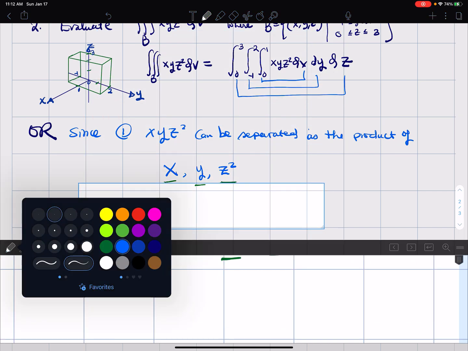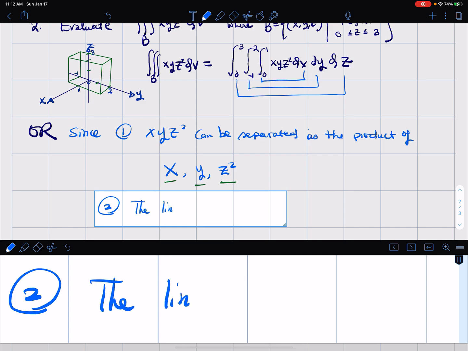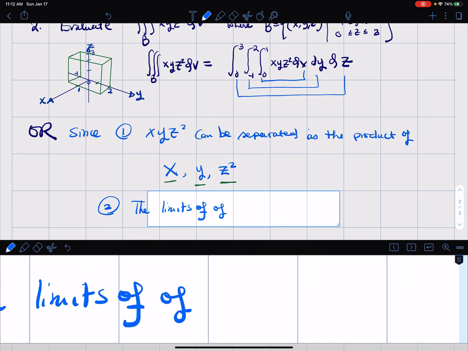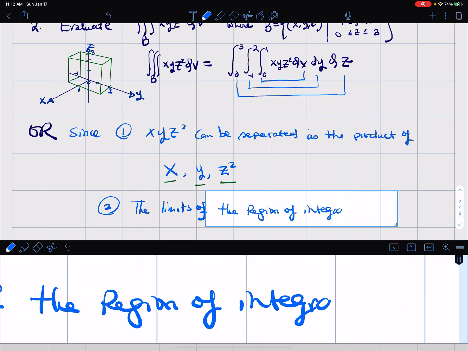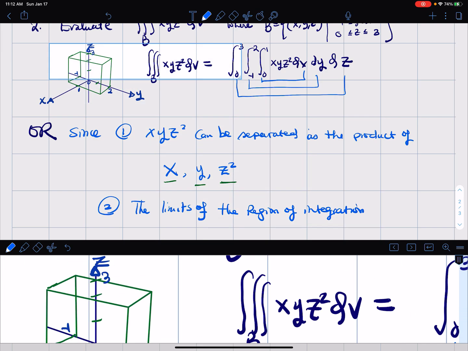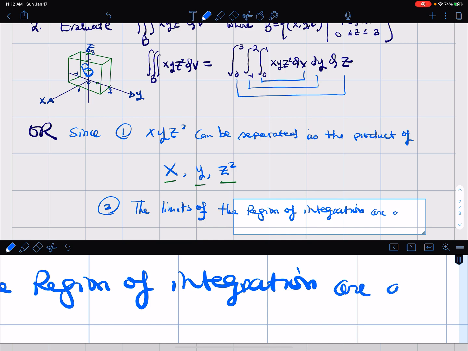Another thing we have going for us is that all the limits of integration, the limits of the region of integration, when I say region, I mean our box B, are all constants.